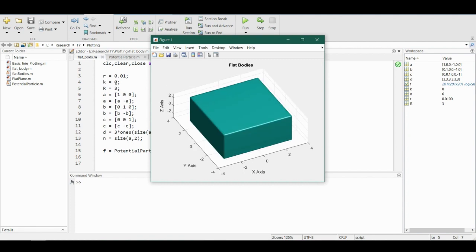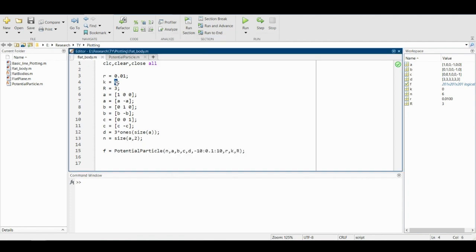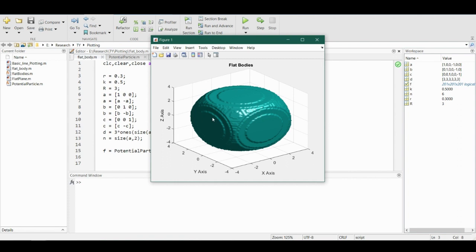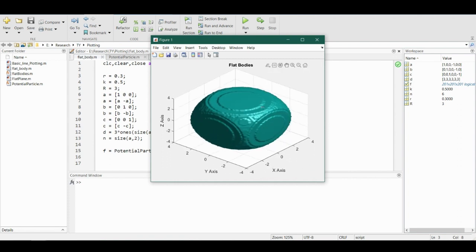There is no sphericity in there. If we include some sphericity, let's say 0.5, and a little bit of rounded radius, let's say 0.3, half of this, half of that, let's see if it works. Yes, it's working. Spherical also, with some curved edges also.